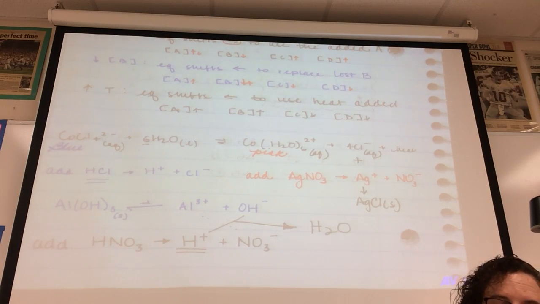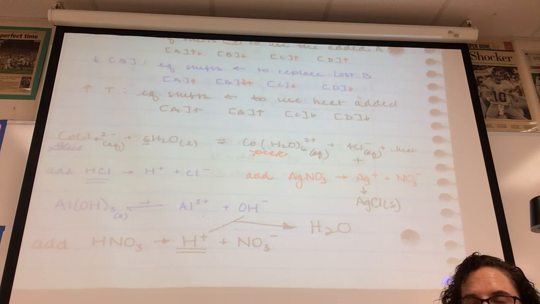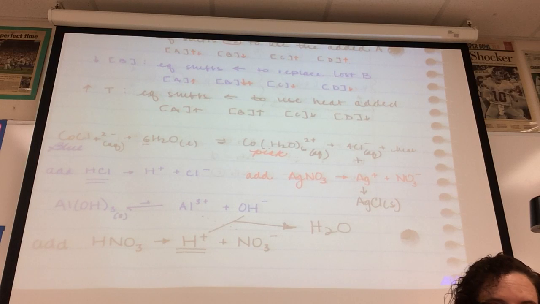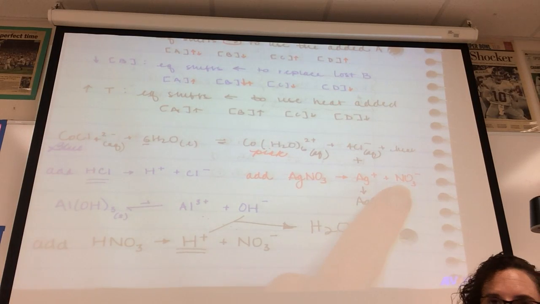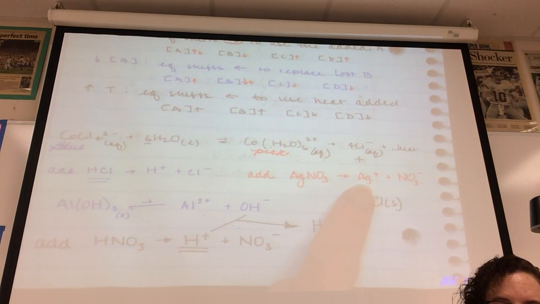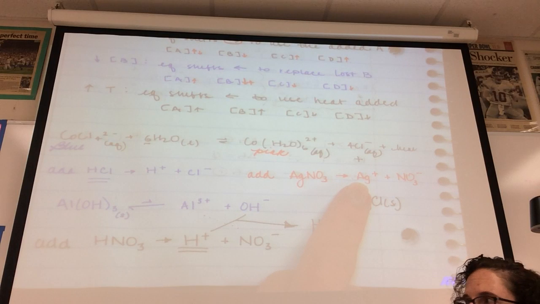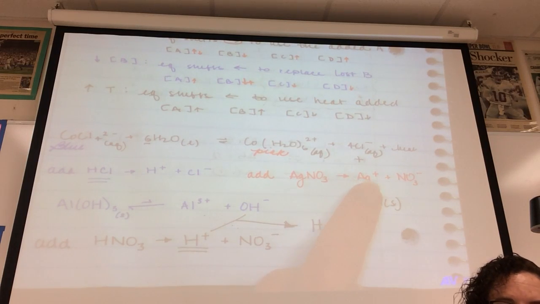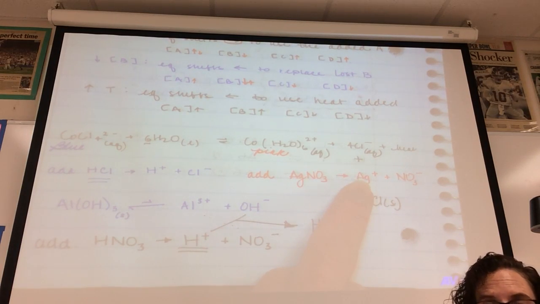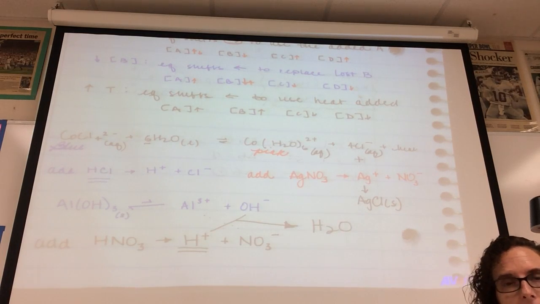That's a tricky one for you at this level now, because it used to be you had to know more in regard to the solubility rules. So my guess is they would have told you that you are making a white precipitate, and you knew the nitrate wasn't going to cause one, so looking at that equation, what's the only ion that silver ion could have linked to? And that's the goal right there.